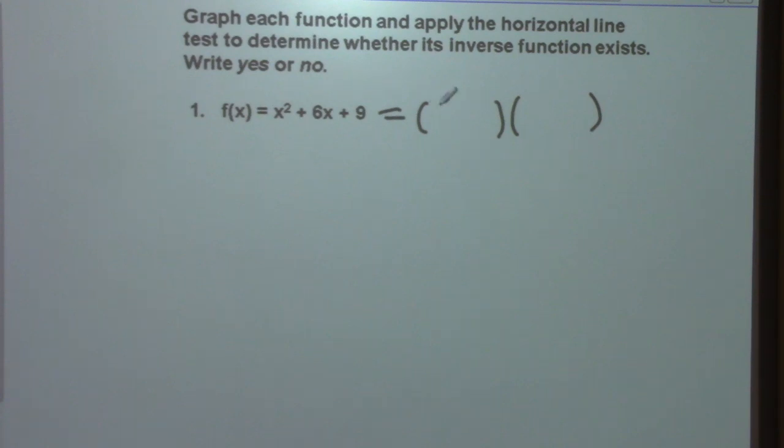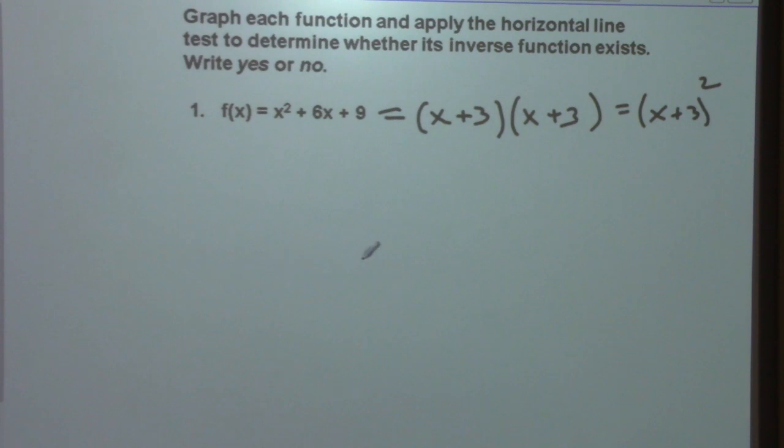What is this going to be in factored form? X plus 3, right? Is that right, Chloe? Yes, very good. So that's going to be a perfect square, x plus 3 quantity squared.